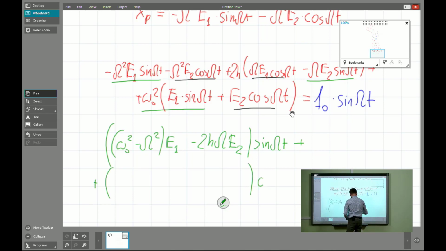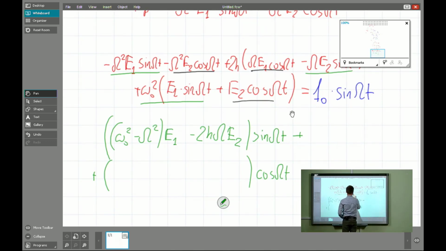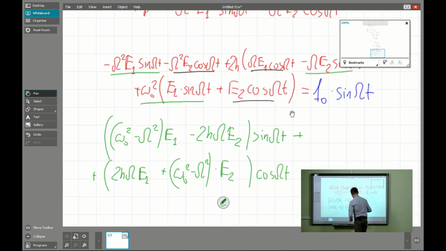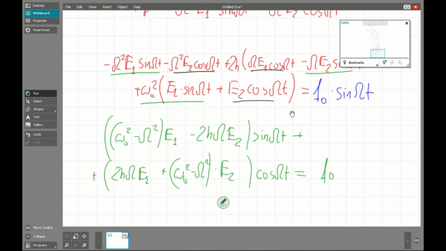Here we have the place for the cosine omega t, and it will be given by that thing. From the first element, here we have 2h omega E1, and from that part and that part, from the black one, we have omega 0 square minus omega square times E2, and it will be exactly equal to F0 sine omega t.